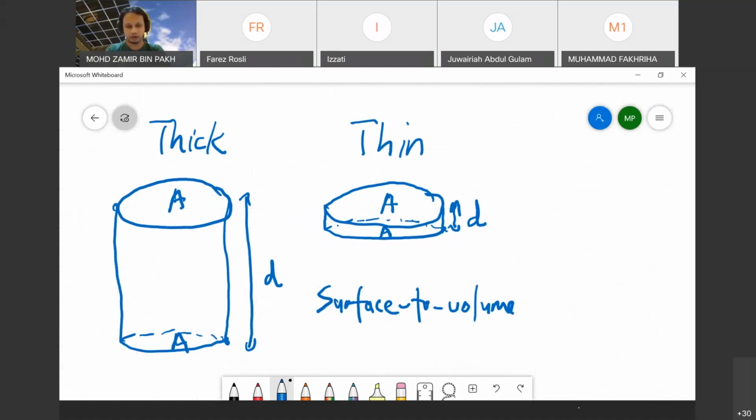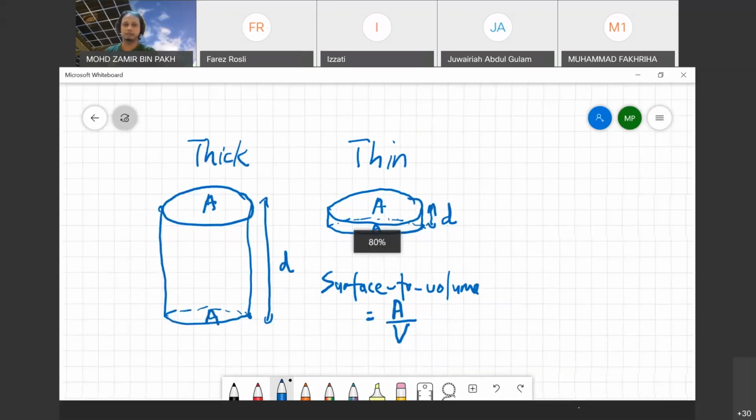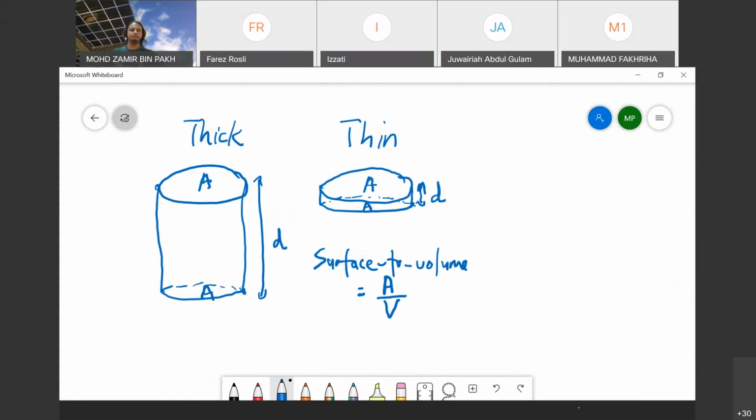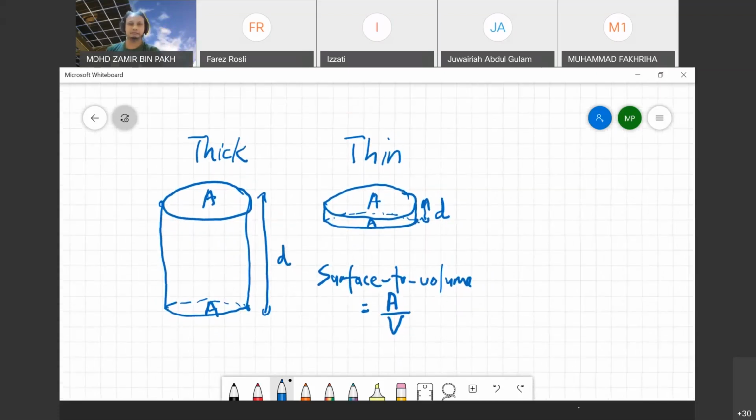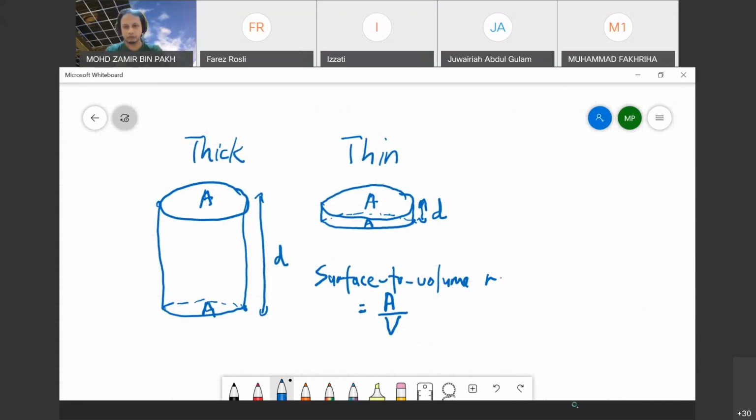To simplify, I can just write it as A over V, where total A is A front plus A rear, over V. Surface to volume ratio, very simple, just to demonstrate the thick versus thin diode mathematically.